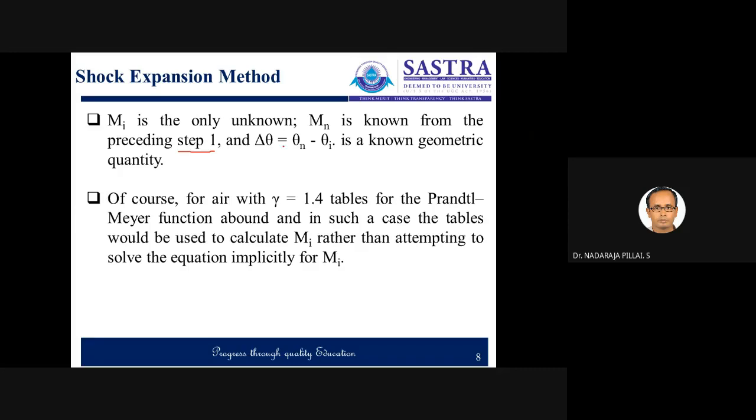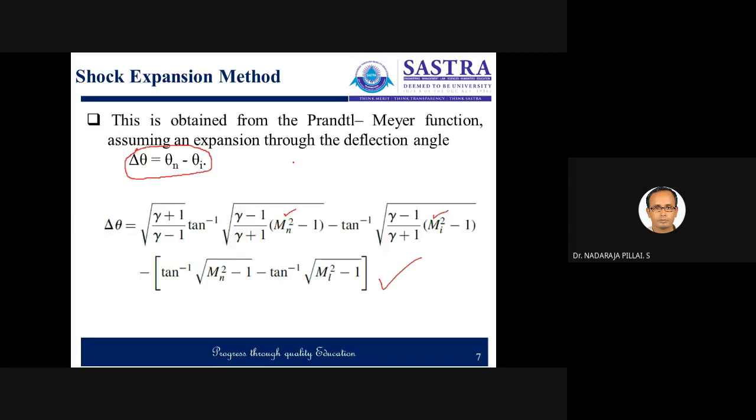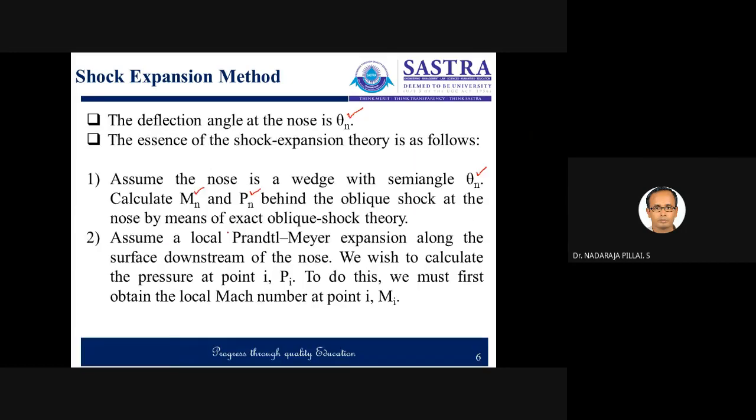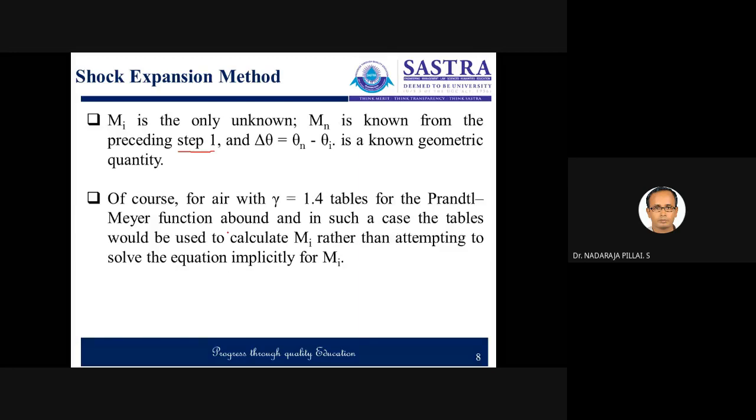The del theta is theta n minus theta I, right? It is a geometric quantity. This can be calculated simply from this picture. If you know theta I and theta n, you can calculate the del theta.